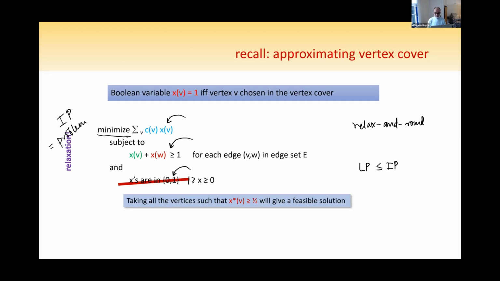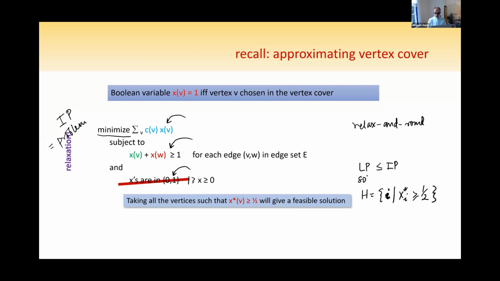And then I say, hey, let me pick a hitting set, which is equal to all the vertices i such that x_i is at least 1/2. So I solved the LP, I got the optimal solution. Let's say the optimal solution is X star.